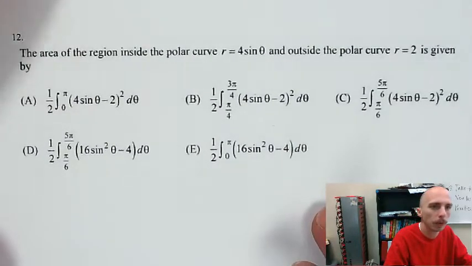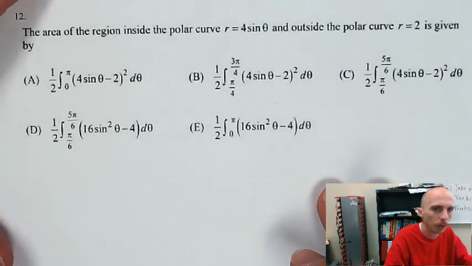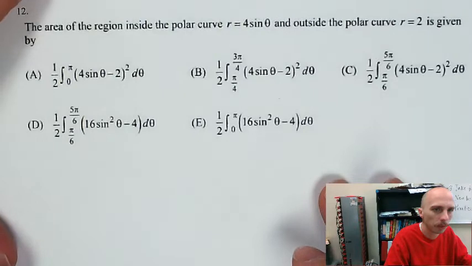Area inside the polar curve r equals 4 sine theta and outside the curve r equals 2. I think you have to solve for the intercept.